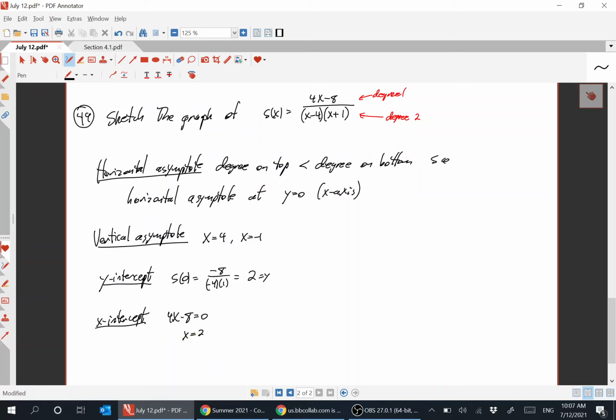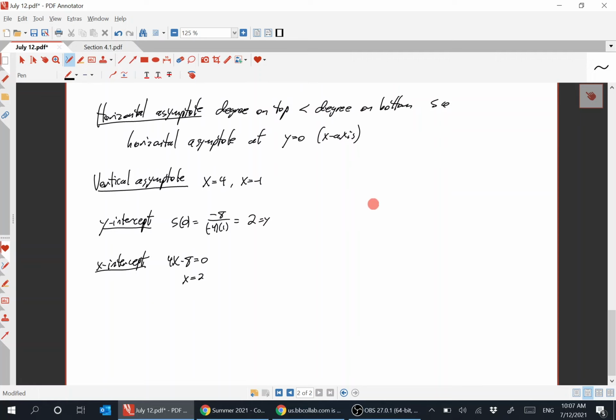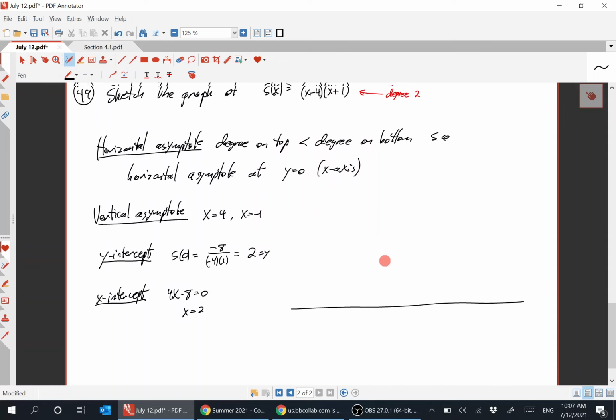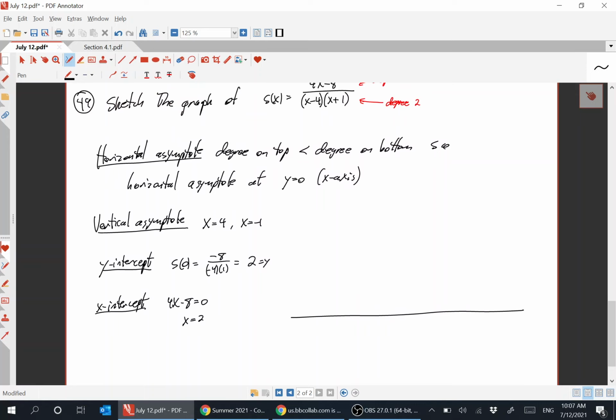All right. So first you have these 4 features: horizontal asymptotes, vertical asymptotes, y-intercept, x-intercept. And then we want to look at positive and negative behavior for this function. So we take the x-intercepts and the vertical asymptotes. That's where the numerators and denominators are 0. We don't worry about those points themselves. We just want to know about the intervals in between.